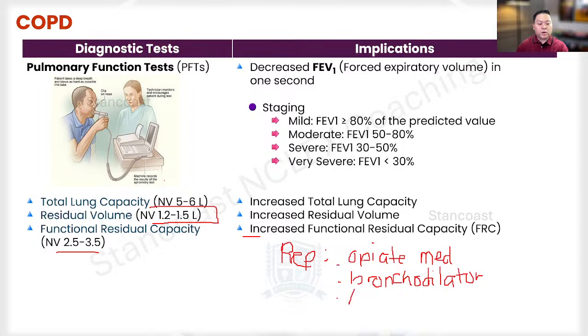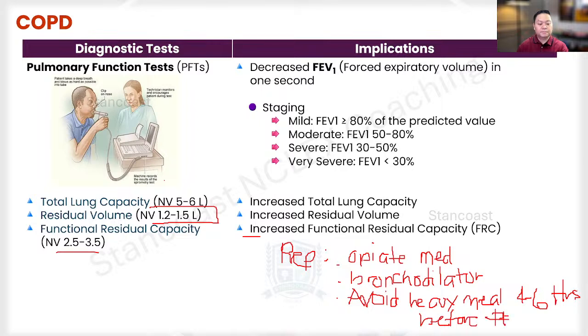So we are going to avoid heavy intake of a heavy meal 4 to 6 hours before PFT. Okay, so these are your preparations.